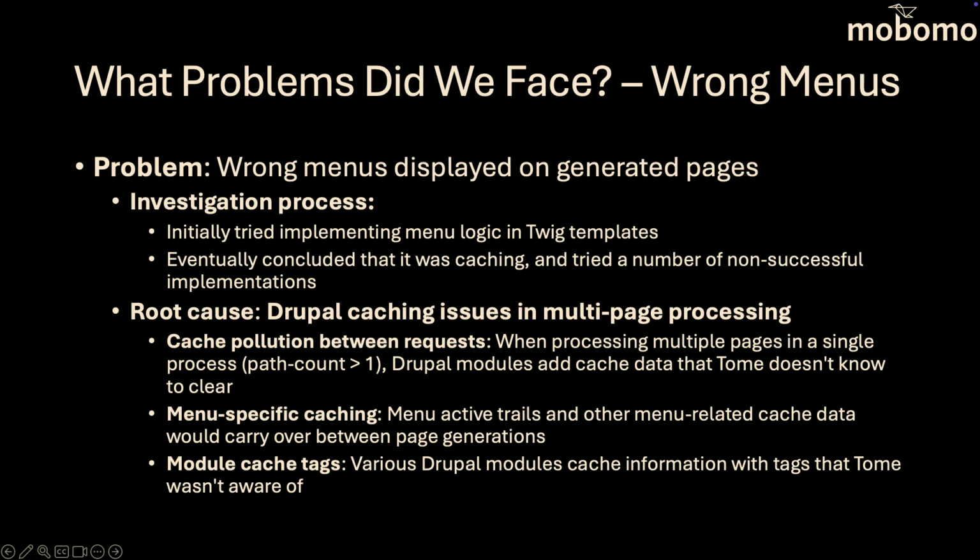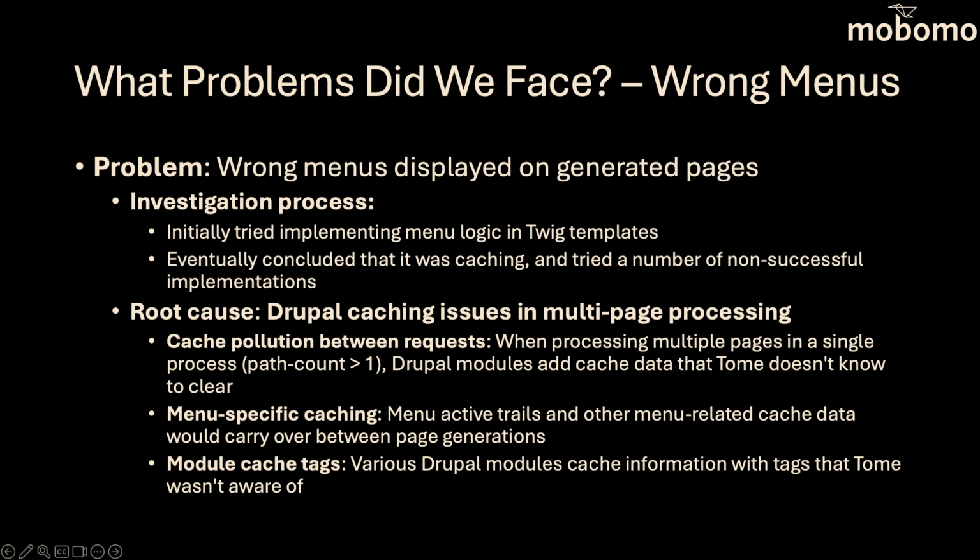What it came down to was that Tome is very aware of Drupal's caching on its own, and very aware of any cache tags that Drupal lets it know about. And if a module isn't designed in a way that tells Drupal to tell other modules about its cache tags, that's when you run into problems. And that's what we ran into.